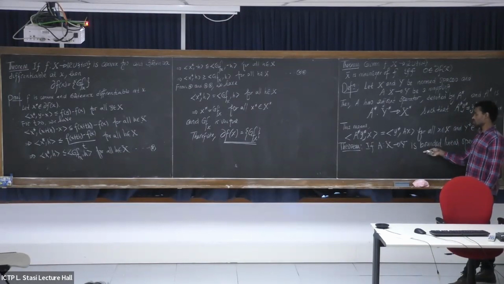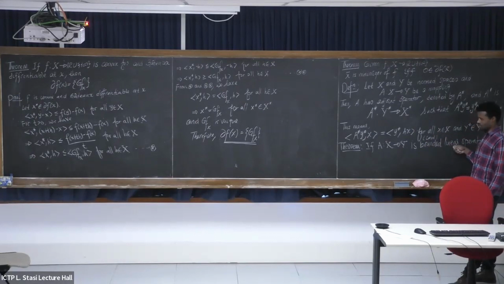For a linear mapping, continuity and boundedness are the same. A continuous linear operator and a bounded linear operator are equivalent when linearity is there.